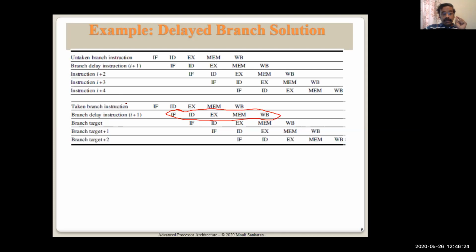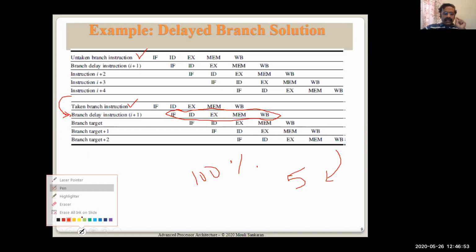Whether the branch is taken or not taken, the pipeline is full. Every cycle, one instruction comes out. You have 100% efficiency of the pipeline because of one innovative solution: introducing into the slot an instruction which should have been executed above.